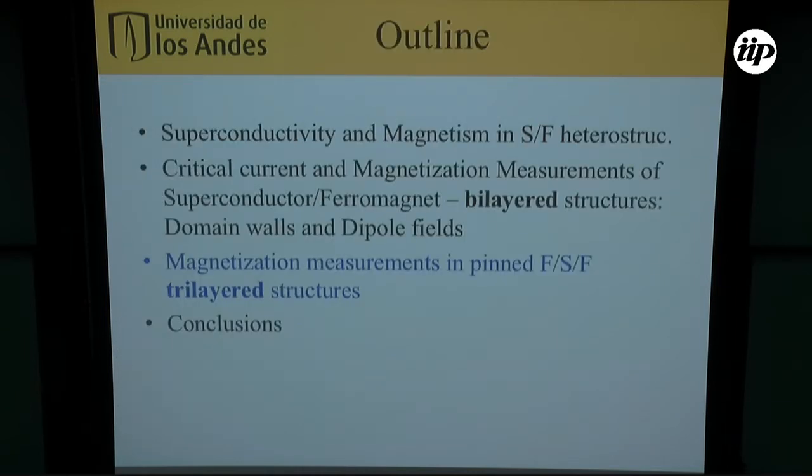The outline of my talk is, first, I will talk about superconductivity and magnetism in SF heterostructures. Then I will go on with critical current and magnetization measurements of superconductor ferromagnet bilayer structures first, and then the same magnetization measurements in ferromagnet trilayer structures.